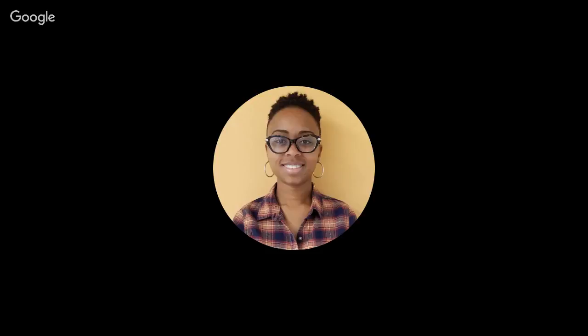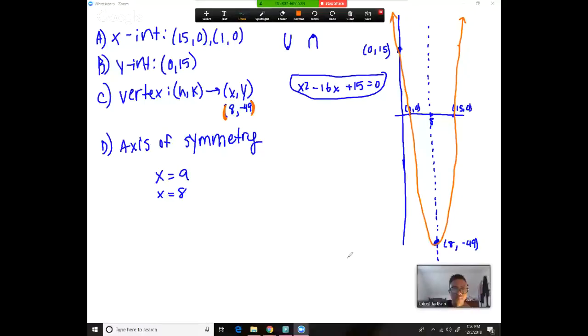But there you go. That's your parabola. If you don't have a graphing calculator, or you're not on the computer and you can't use Desmos, these are the steps you need to take in order to plot your points as you go along. Any questions?